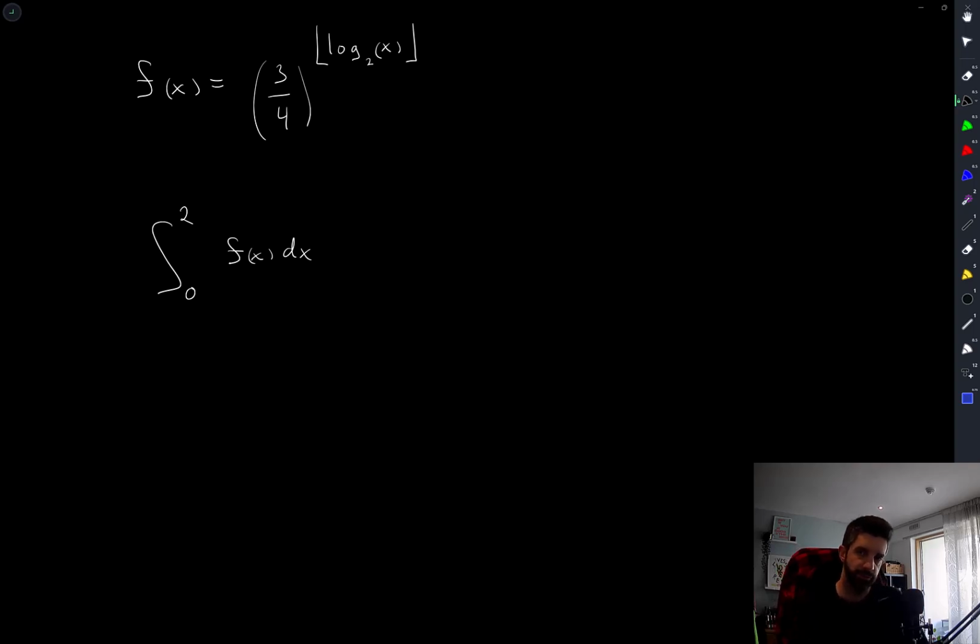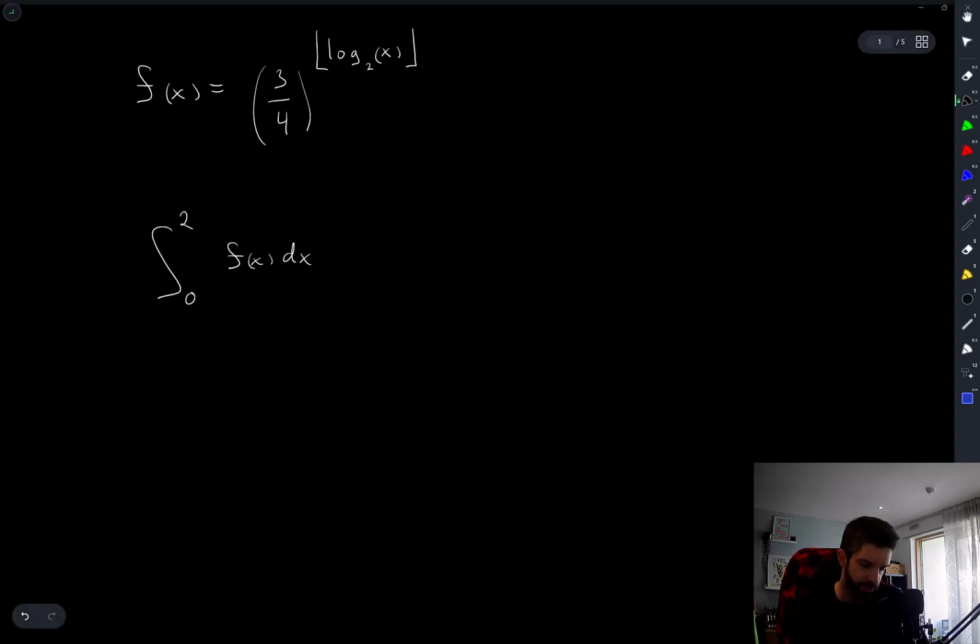Okay, I have seen questions similar to this in the past on this channel and done them. It's just sort of a question of keeping track of how things work. So the integral from 0 to 2 of f of x dx, it's 0 for other values of x, but we're only integrating from 0 to 2 anyway.